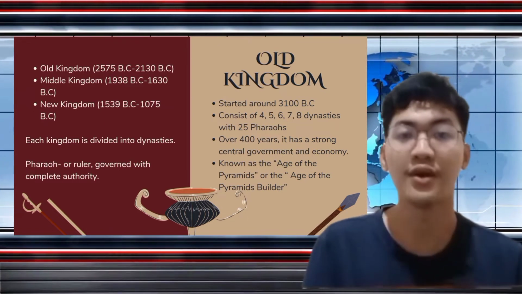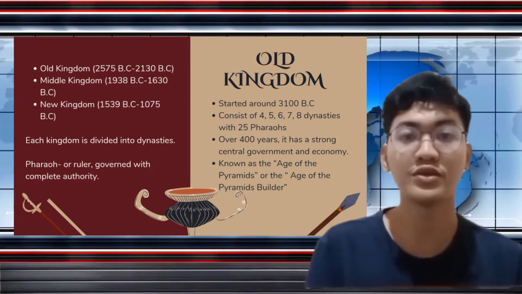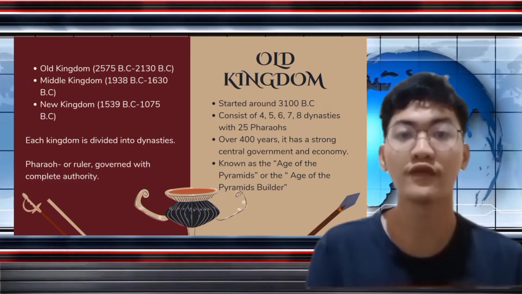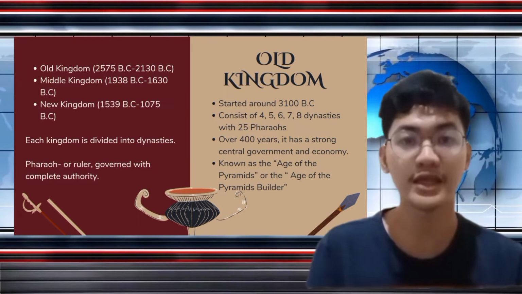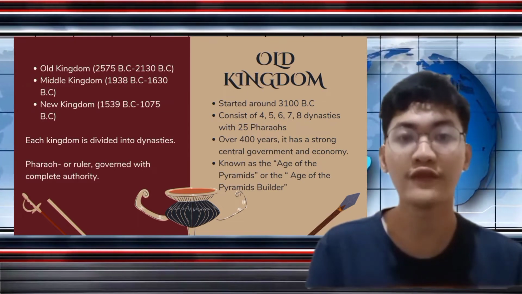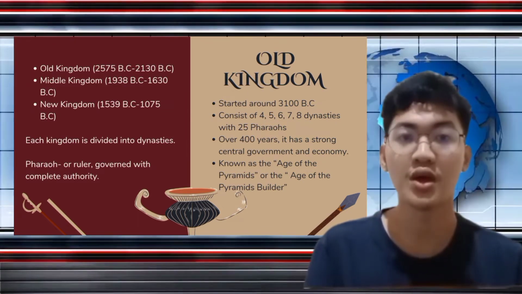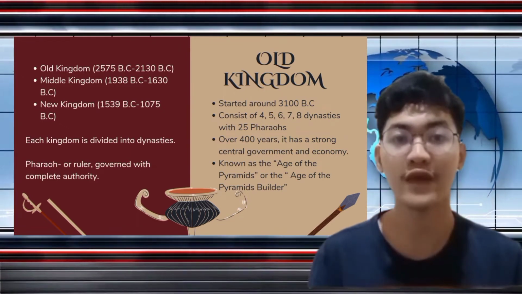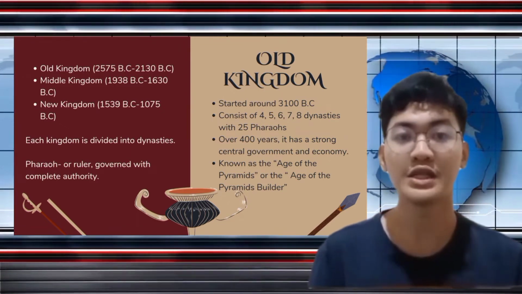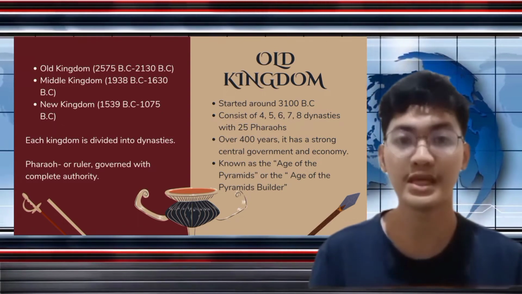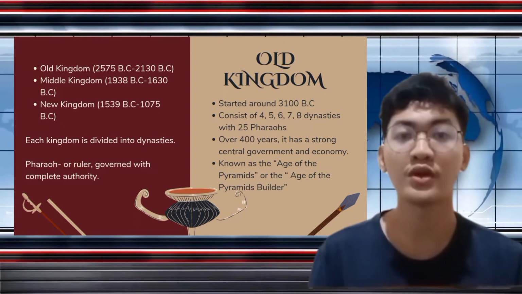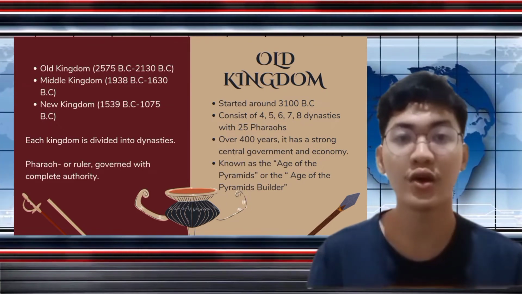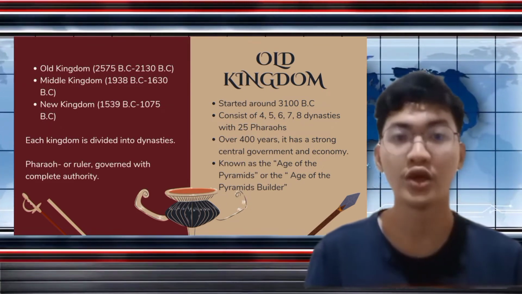Old Kingdom. The Old Kingdom started around 3100 BC, which consists of the 4th, 5th, 6th, 7th, and 8th dynasties with 25 pharaohs. Pharaoh actually means great house, a reference to the place where the pharaoh resides. Early Egyptian rulers were called king, not pharaoh, but over time, the term pharaoh came to be used for the ruler.